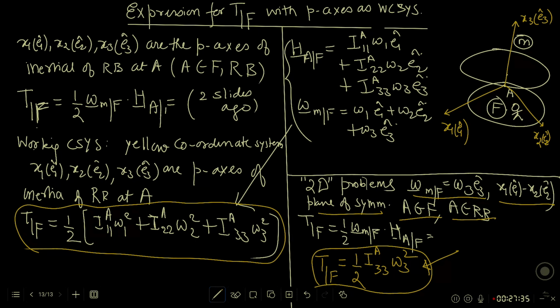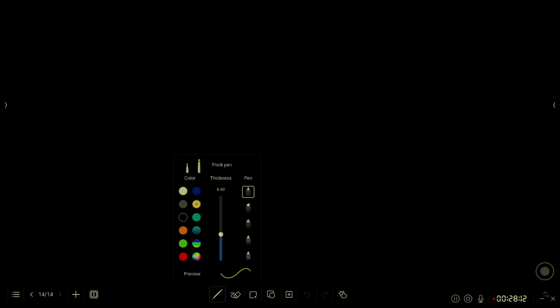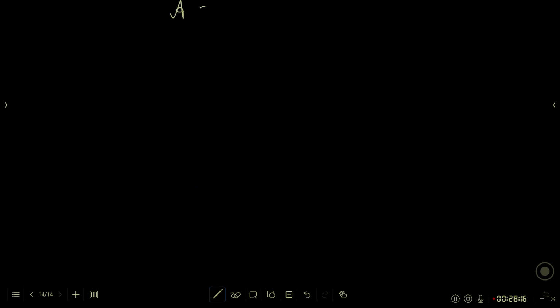So what do we do next? Now related to the work energy theorem, there is another concept I want to introduce, and that is what we call a conservative force. What is a conservative force?